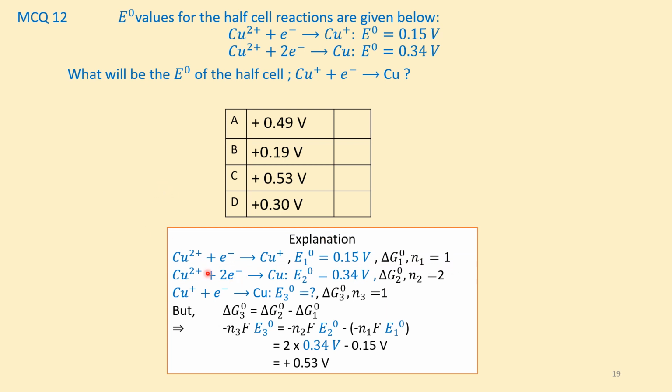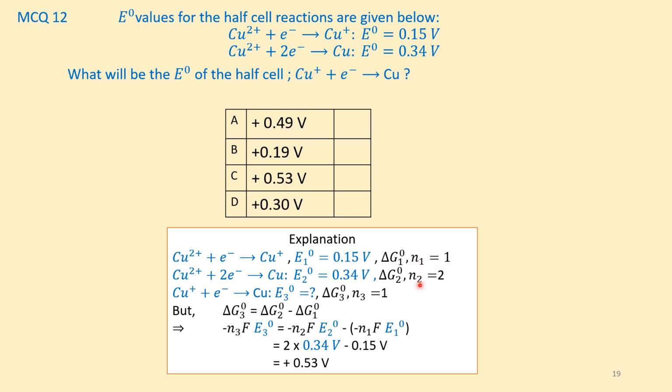Cu2+ plus e minus gives Cu+, E naught is given as 0.15 volts. So delta G1 naught, n1 is equal to 1. Cu2+ plus 2e minus gives Cu, E naught 2 is equal to 0.34. So here delta G2 naught, n2 is equal to 2.